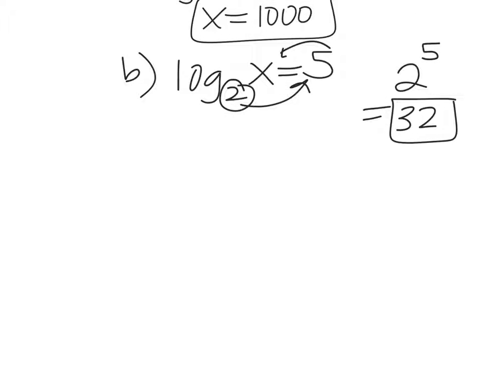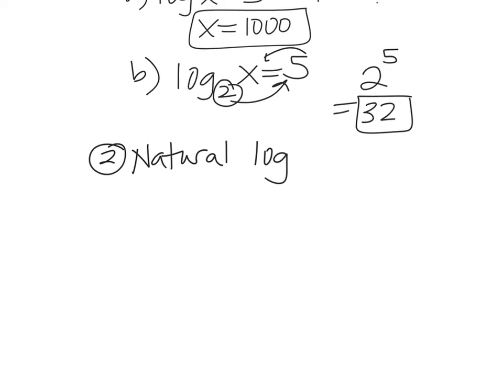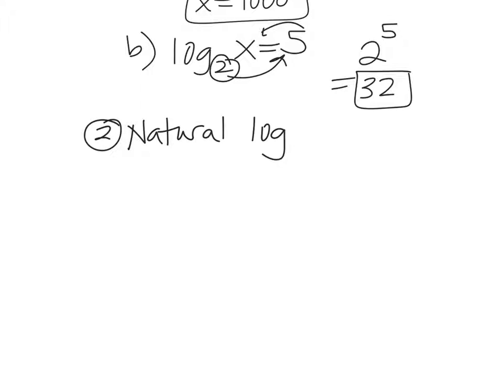Okay, the other special log that we have, so that's the common log. The other special log we have would be the natural log. What's the base of natural log? E. Okay? Natural logs are logs that have base E. So for this, y equals ln of x. Ln of x. Natural log. I know it should be NL, but it's ln.